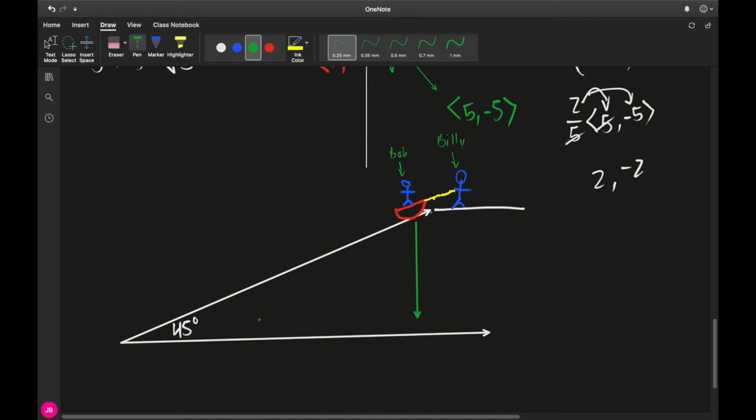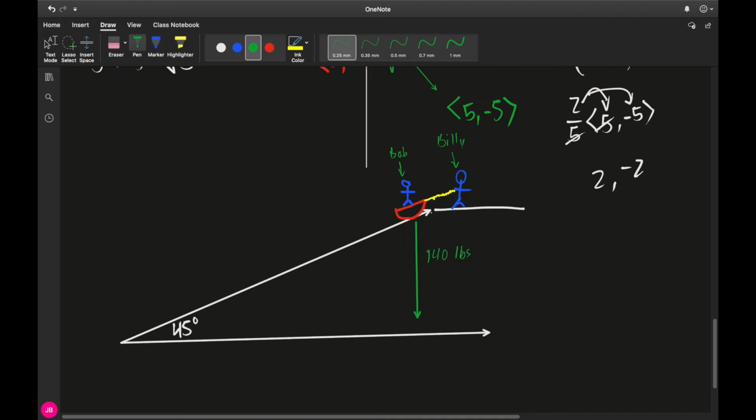Now the combined weight of Bob and the sled is 140. So my question is, how many pounds of force is Billy having to use to hold Bob up on this hill?